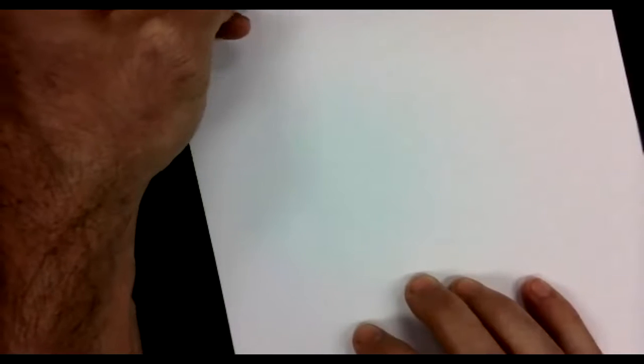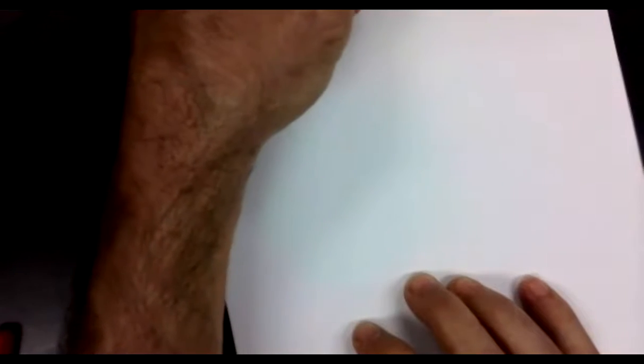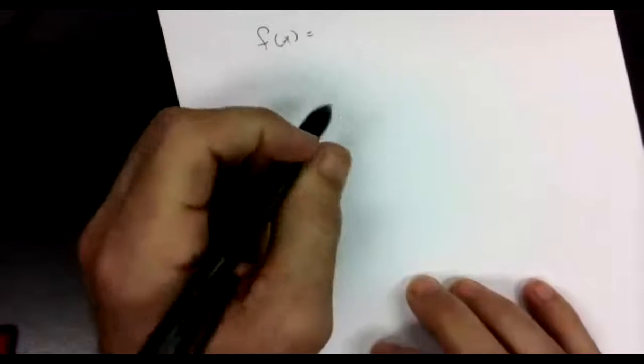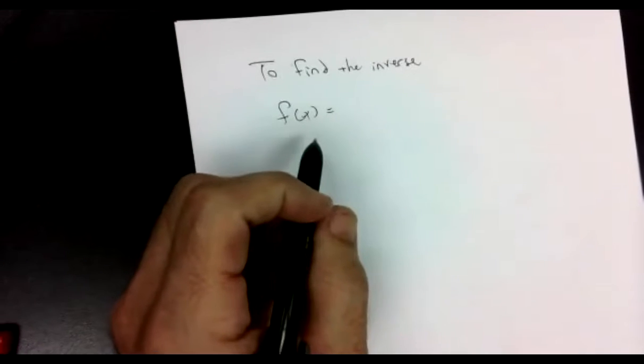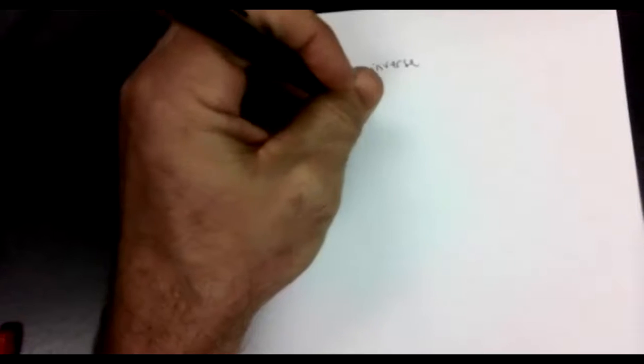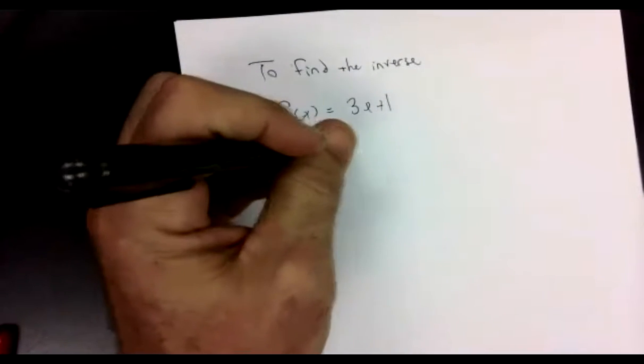To find the inverse, basically we're going to rewrite f of x as y.